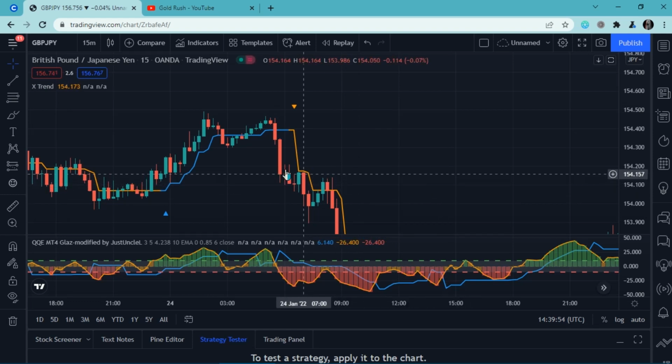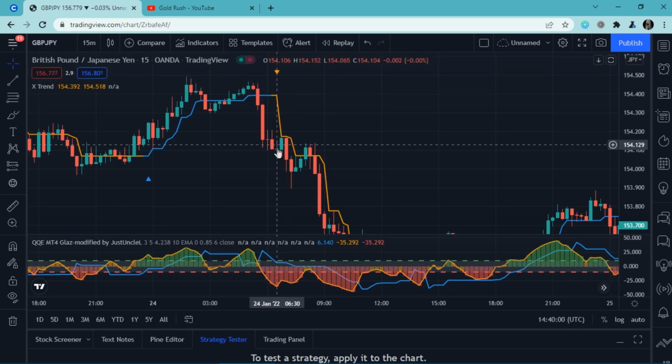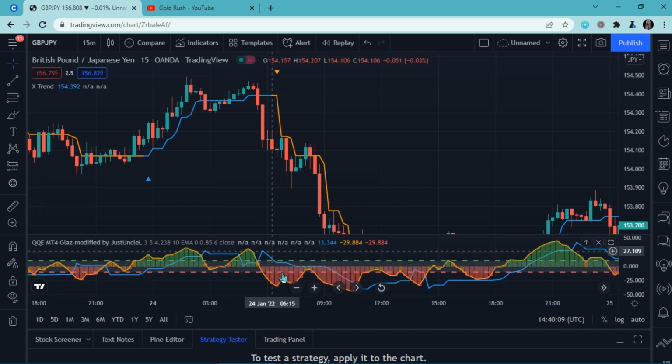For a sell signal, this is what we first see, the sell signal right here. Now it brings up a red candle. The QQE line, you can see it crossed below the 30 line.